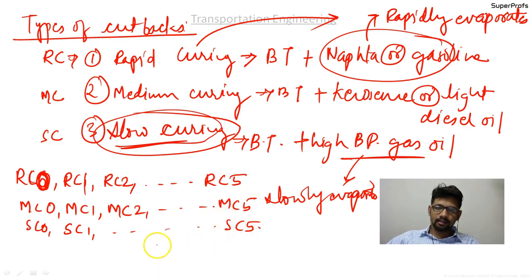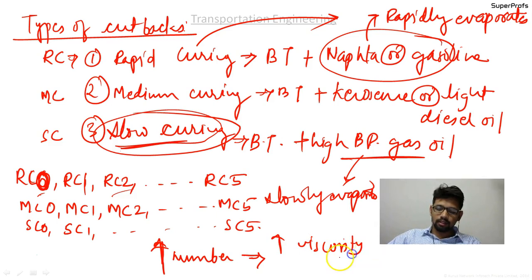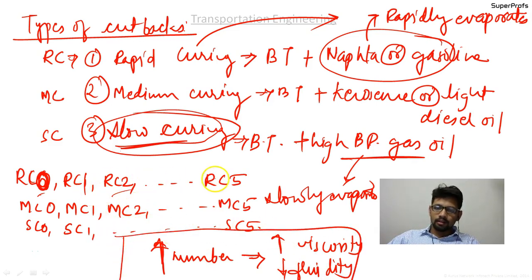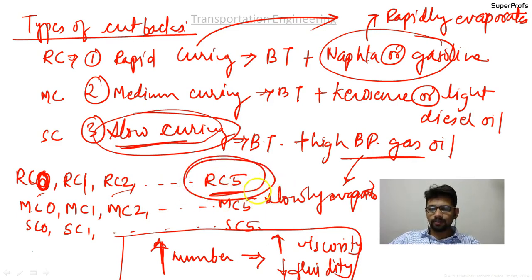So the relationship is such that higher is the number, higher is the viscosity, that is, less is the fluidity. Please understand that RC5 has got higher viscosity, that is, it's less fluid. You can say that SC5 is more viscous than RC0.